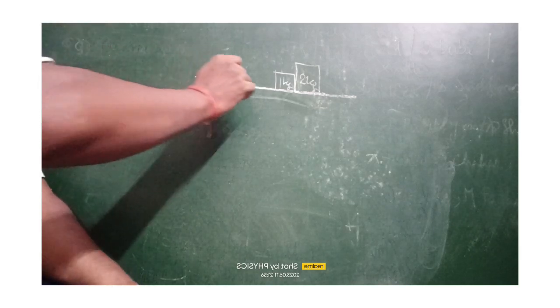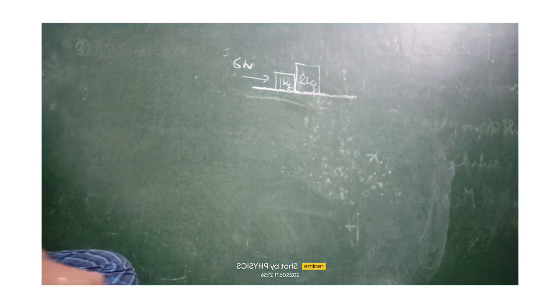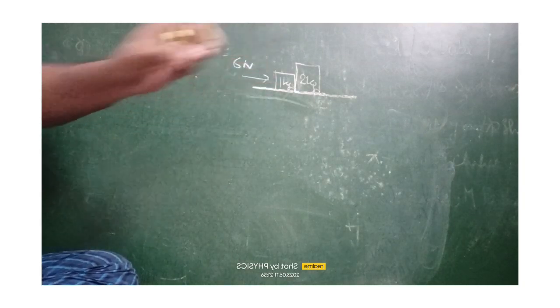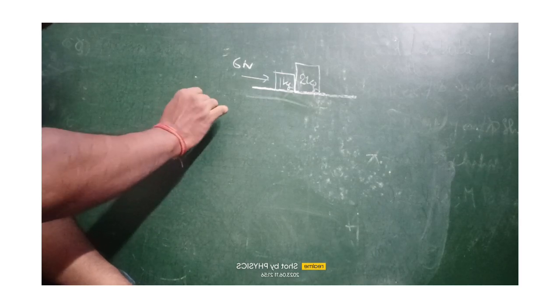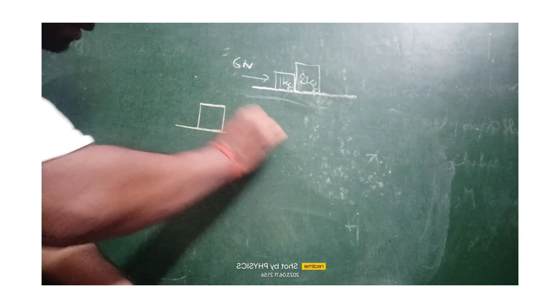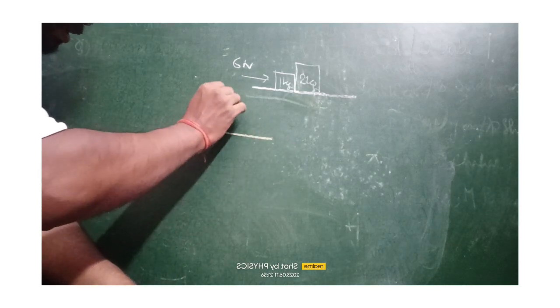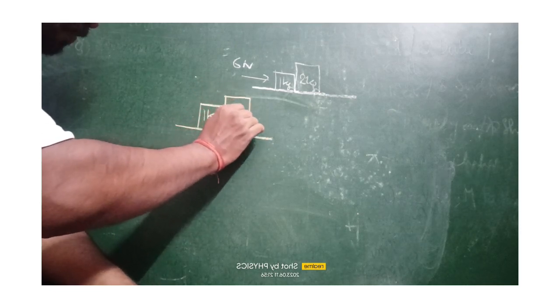Now a force of 6 Newton is applied on the body. Find the reaction force acting between them. To solve it, draw it again. This is the first block that has a mass of 1 kg and another block of 2 kg.